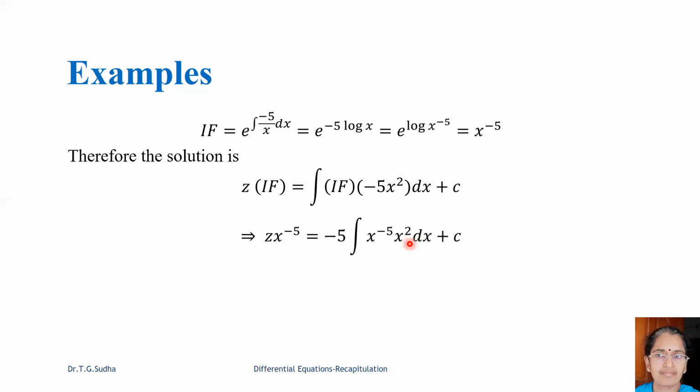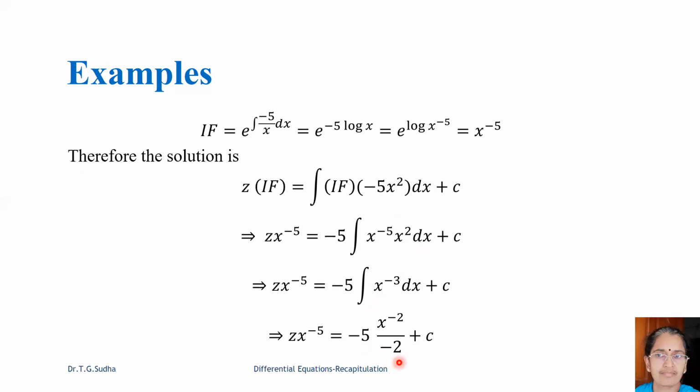So here within the integrand, now we have x to the power of minus 5 into x squared. So we get x to the power of minus 3. Now we need to integrate x to the power of minus 3. So we get x to the power of minus 2 divided by minus 2. So minus and minus gets cancelled in this first term on the right hand side.